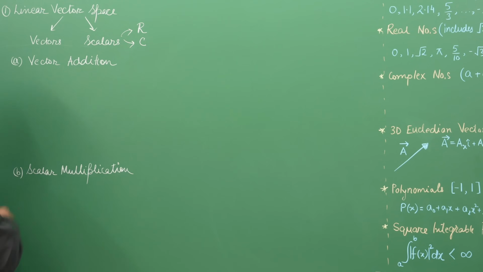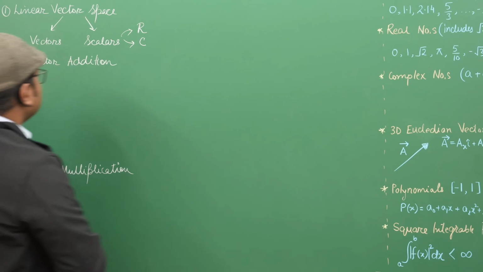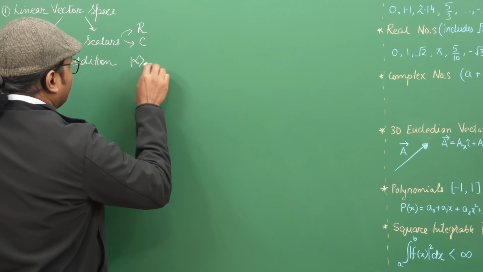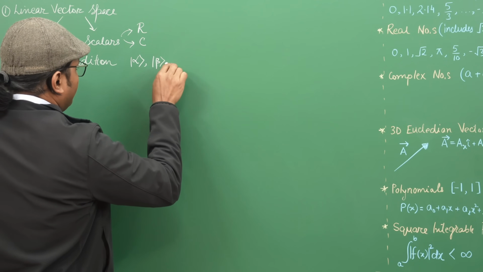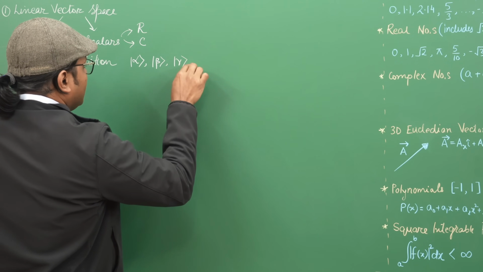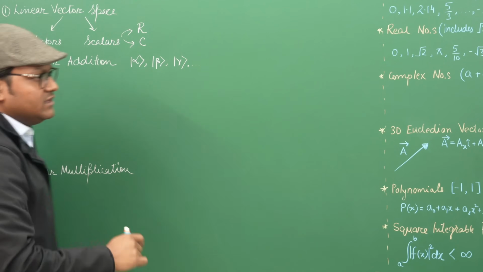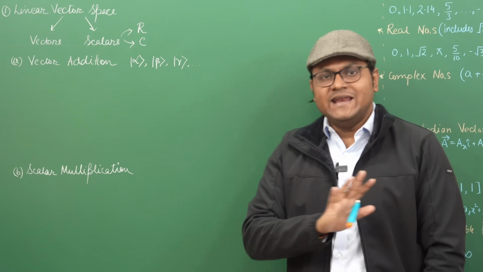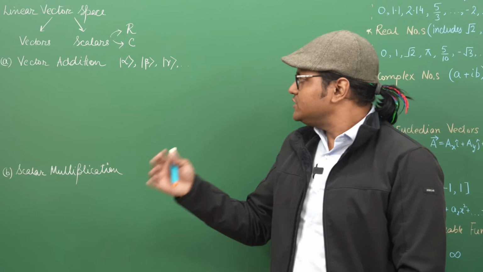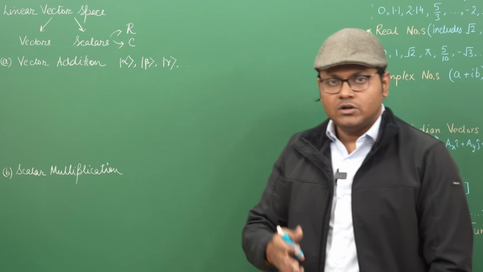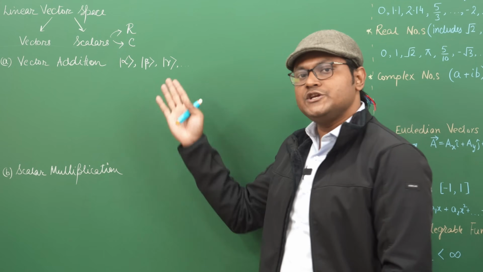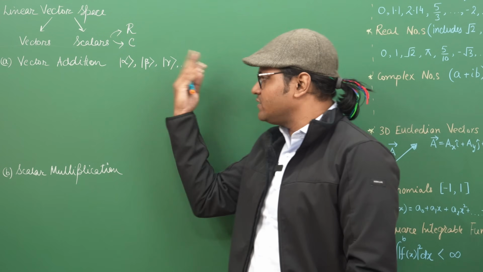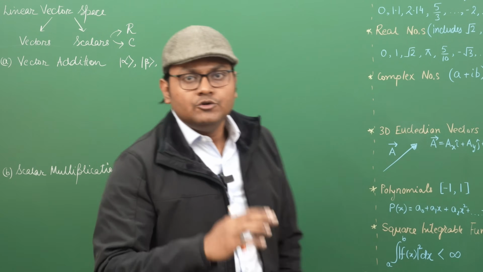Let's say that the vectors themselves are represented by alpha, beta, gamma, etc. Here I'm using the Dirac notation, the ket representation, because we are studying this topic in the context of quantum mechanics. But in general, the Dirac notation is not necessary. In mathematics, you could just write alpha, beta, gamma to represent vectors.